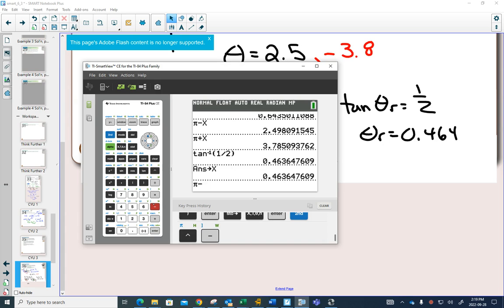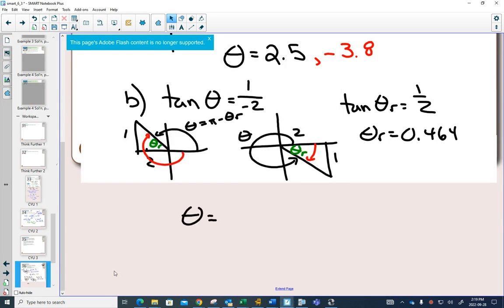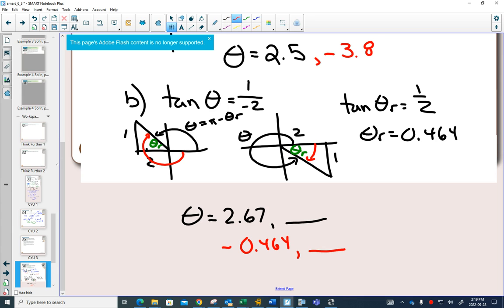Oh, so you have to answer the rest of these by just putting the values down. So we've got 2.67. This one's going to be 2 pi minus your reference angle. Here we're going to get negative your reference angle. And we have 2 other ones to find. If you want to circle the questions on this one, the questions are 13 and 14.